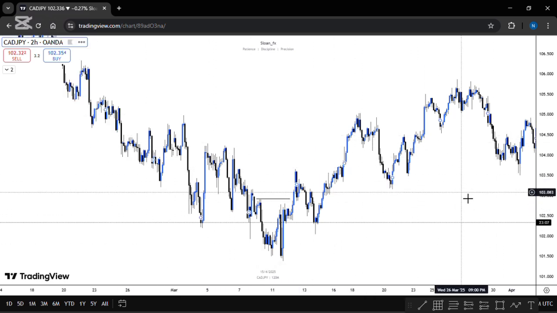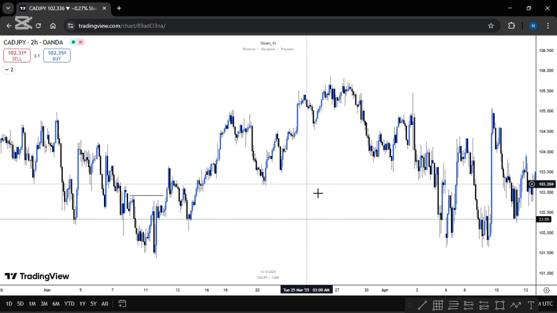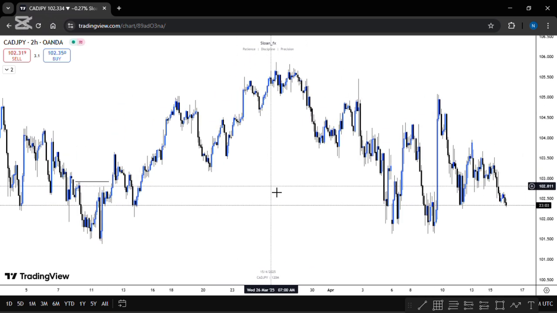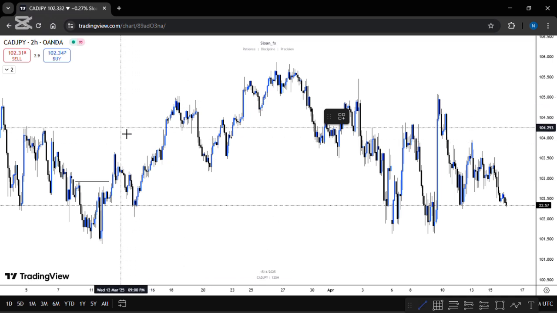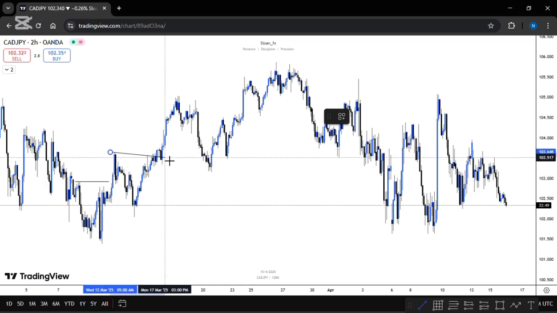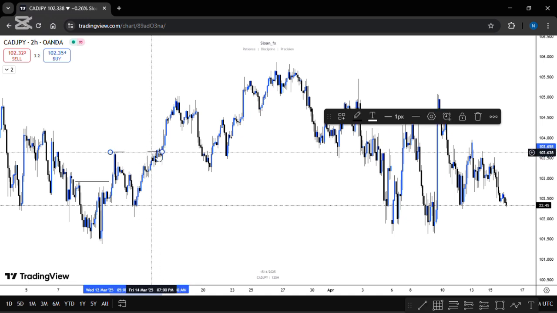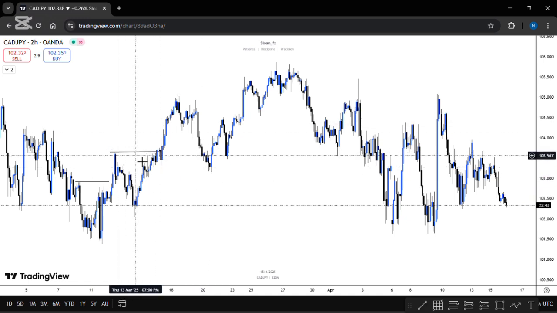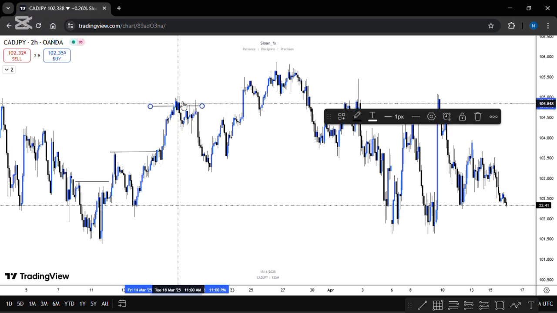so we are just focusing on this particular move right here. All right, so let's do our markups and look closely at where we are looking. So right here is our CHoCH, shift in market structure. Then we have a continuation of a breakout structure right here, and then same here.